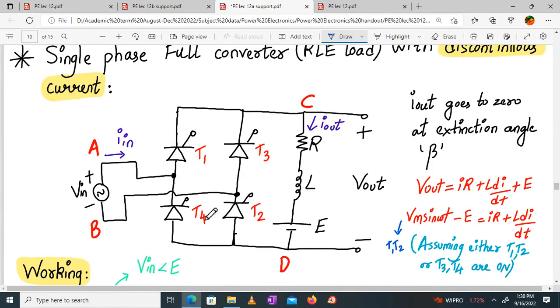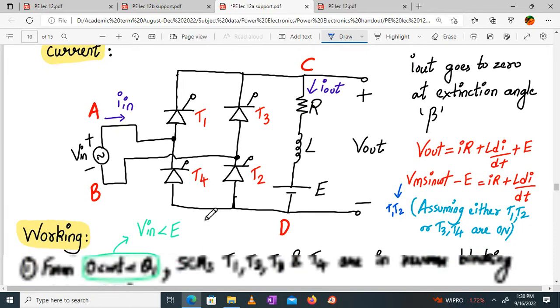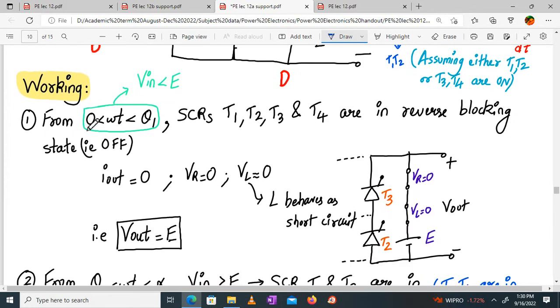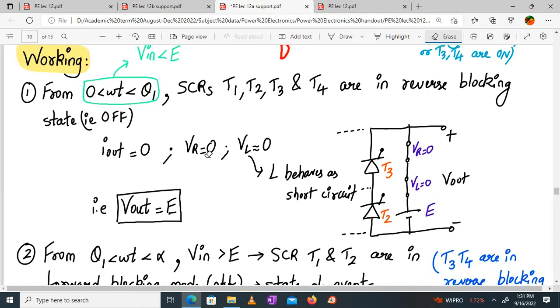So what will be your output voltage ideally? No, it is not 0. See, between omega t between 0 and theta 1, V in is less than E, all the SCRs are in reverse blocking mode. This much is clear. Current is 0, so VR is 0, VL is 0, meaning it will behave as a short circuit.